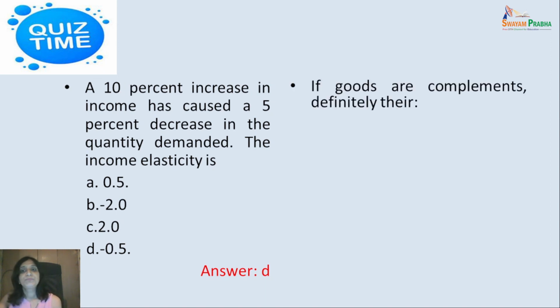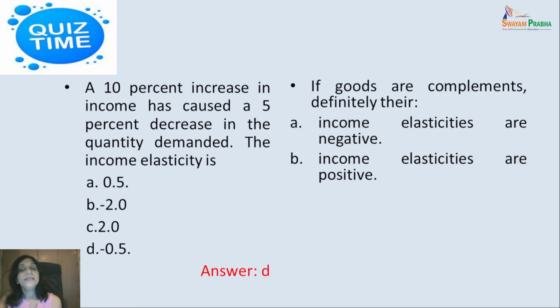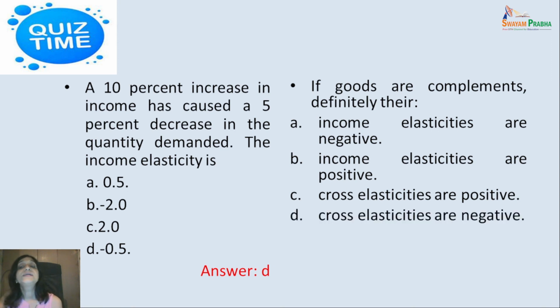Another question. If goods are complements, then their income elasticities are negative, their income elasticities are positive, their cross elasticities are positive, or their cross elasticities are negative. If two goods are complements, whether we will consider income elasticity or cross elasticity, that is the first thing you have to eliminate.